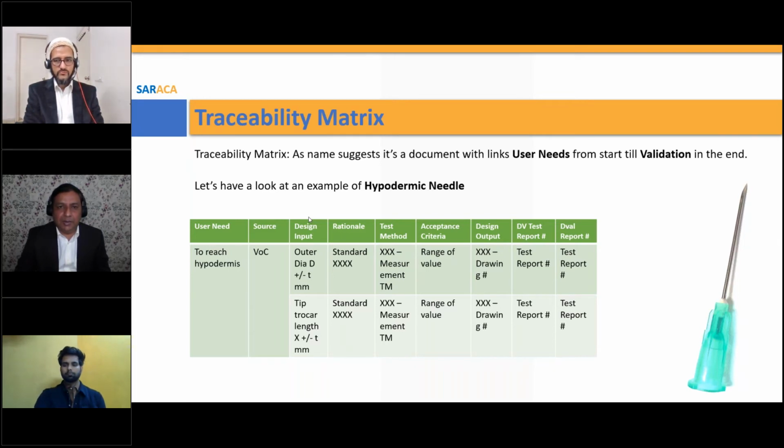Some of the great engineers developed great products, but they were not good at documenting them. And since we're in a regulated industry, if you're not able to document, how would you prove to the auditor that your product is great?